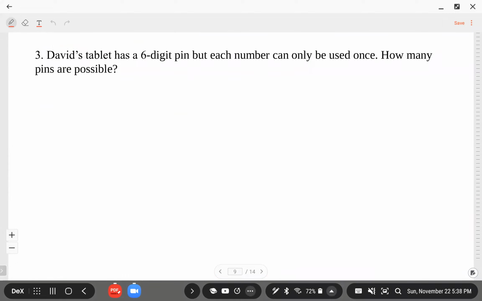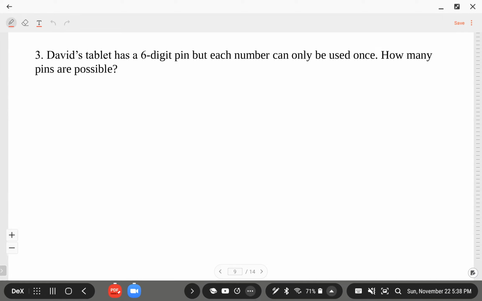So number 3. The last 2 problems we just did permutation and combination problems, right? Number 3 is going to be using the box method. David's tablet has a 6-digit pin.